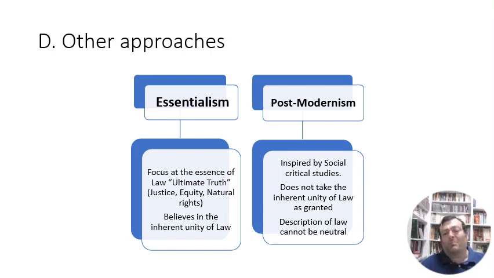So they are a bit close to what you already saw with Pierre Legrand, meaning that every legal text, every norm, every social phenomenon must be understood through the situation of those who made it. So therefore, there's no absolute knowledge, no absolute law, no absolute truth.